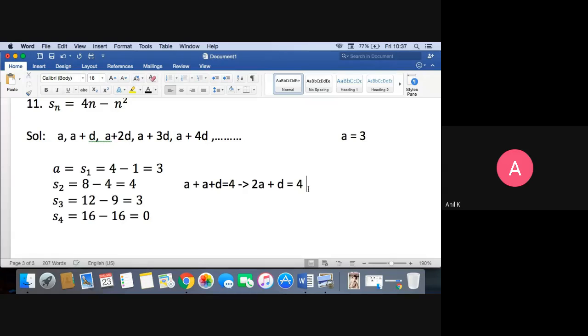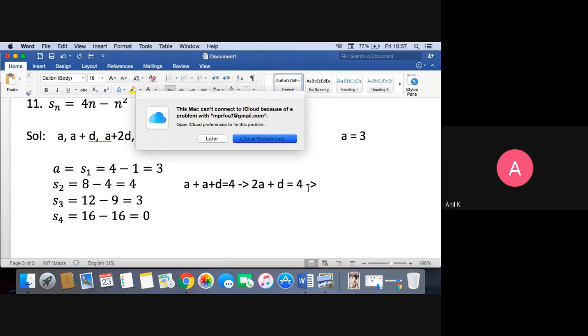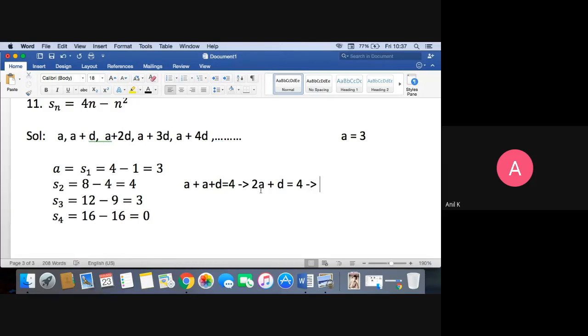So substitute A value here. After substituting A value, 2 into 3 is 6 plus D equals 4. So finally I'll get D value as minus 2, D equals minus 2. So I got A value as 3, D value as minus 2.